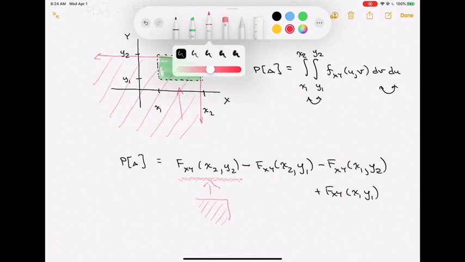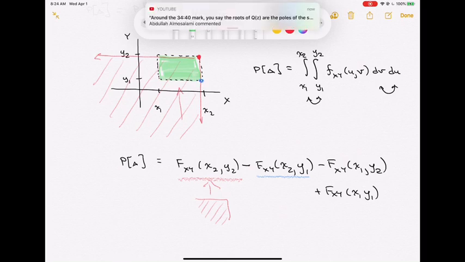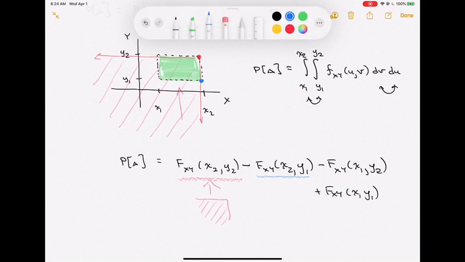So let me change the color here. I'm going to make this blue, and look at the next term, F_XY of x2, y1. This is the accumulated probability at point x2, y1. So let's find the point x2, y1. Here is x2 and y1, something along those lines. And we are trying to take a look at what the CDF value of that is.